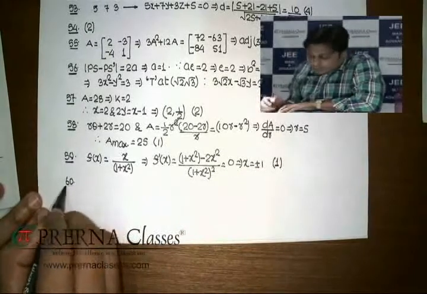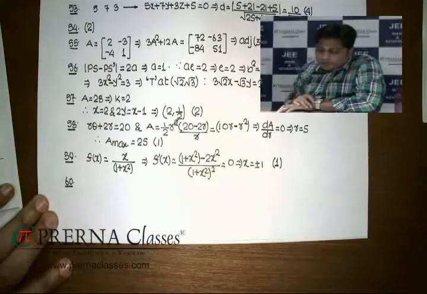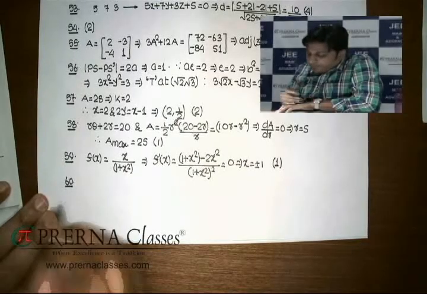The 60th question of this set is a question related to permutations and combinations. A man X has 7 friends, certain ladies and men. His wife Y also has 7 friends, certain ladies and men. No common friends. We are looking for the total number of ways in which they can throw a party inviting 3 ladies and 3 men, so that 3 friends of each of X and Y are there in the party.